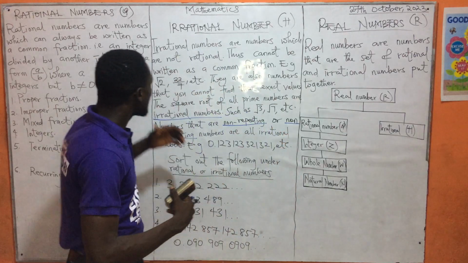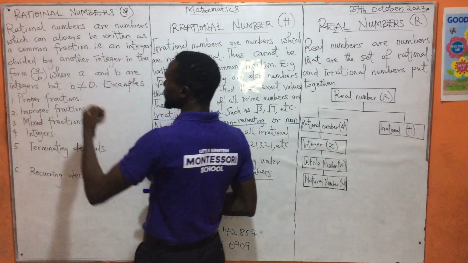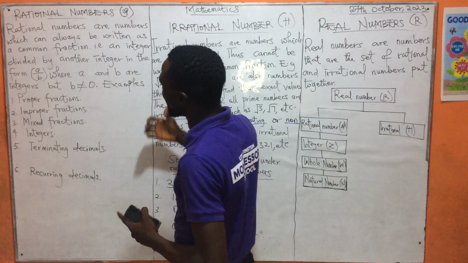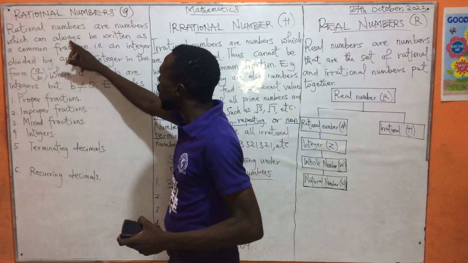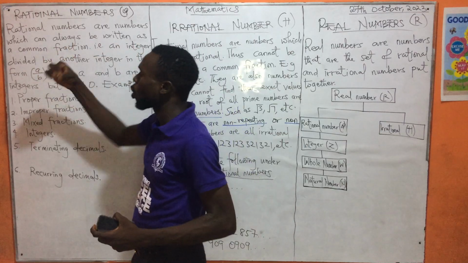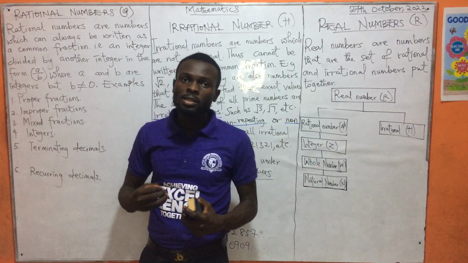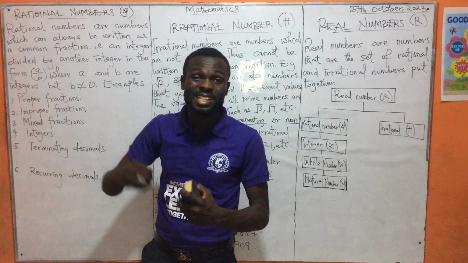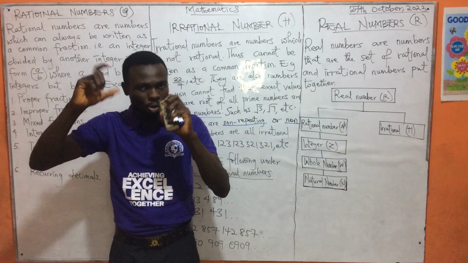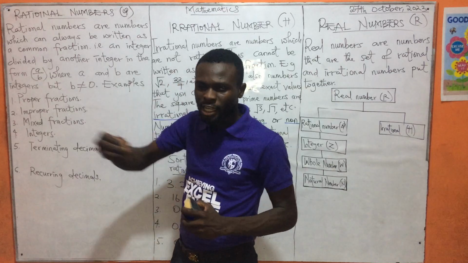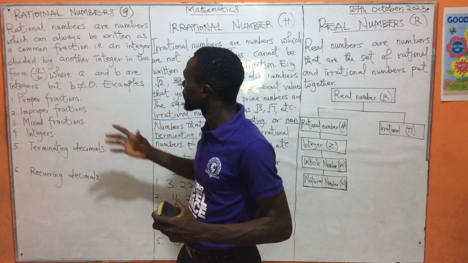Good. Now, let's look at the first one, which is rational numbers. Rational numbers are numbers which can always be written as a common fraction, or as a vulgar fraction. Once a number can be written as a common fraction, then that number is a rational number.